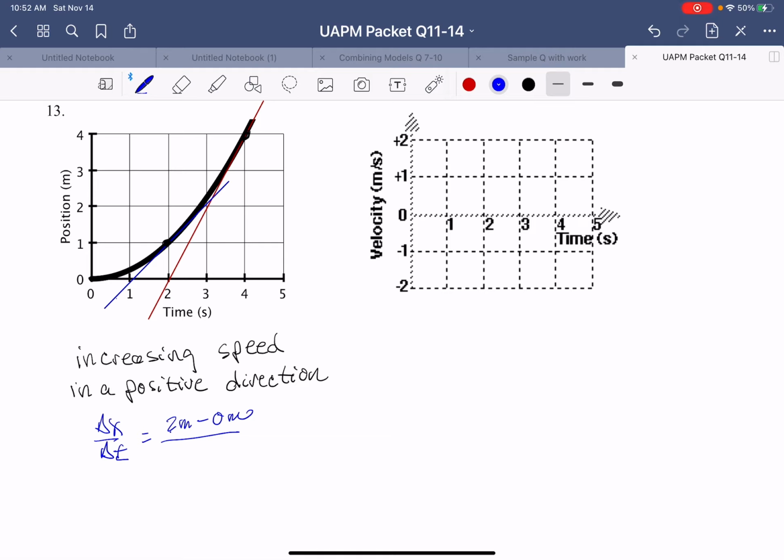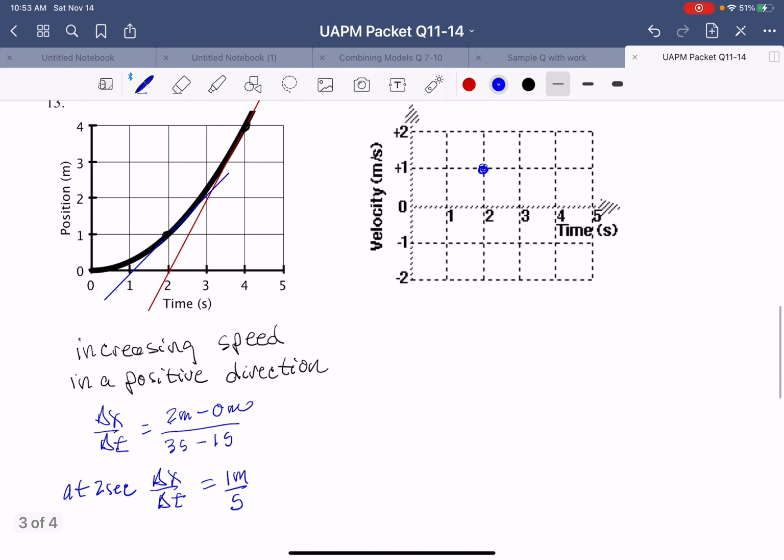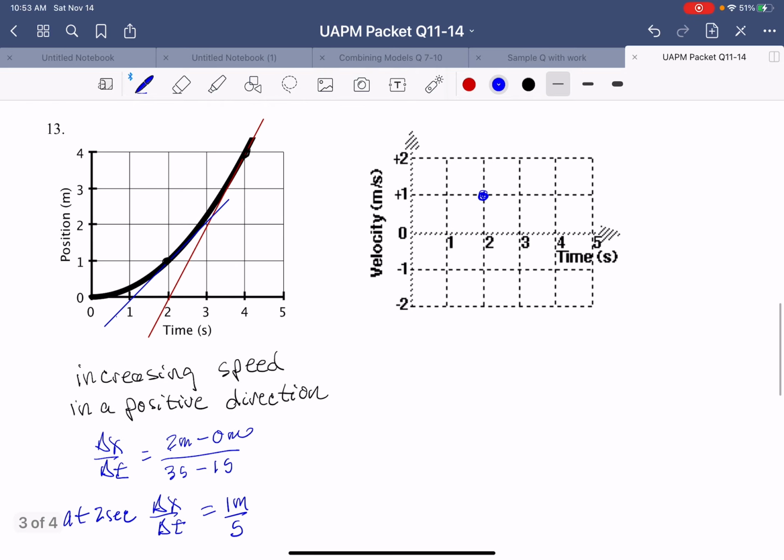I was looking at the seconds, sorry, my bad. 3 seconds minus 1 second. So my slope right at 2 seconds is 1 meter per second. So I know at 2 seconds over here on my velocity time graph, my object is moving at 1 meter per second.